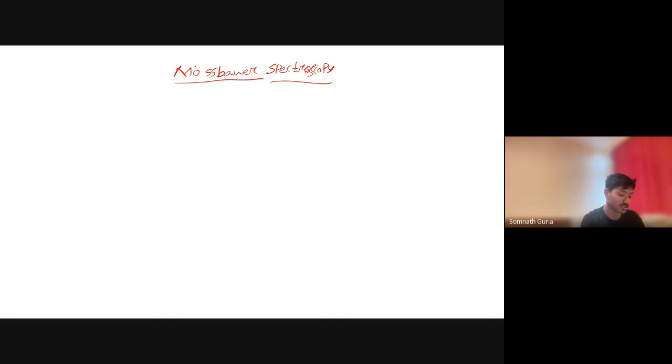We need some isotope where generally we are looking for an iron center, and that iron should be active. Iron 57 is the active isotope for Mossbauer spectroscopy.